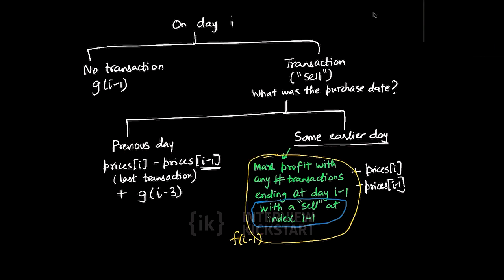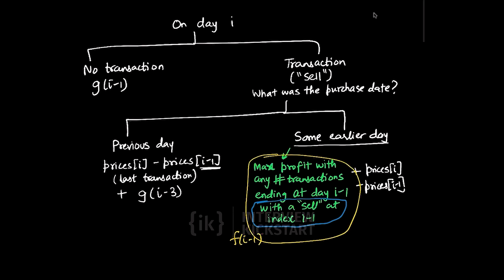So actually, I got confused because we have a statement here, max profit with any transaction at index I minus 1, and we are adding delta at index I, taking the previous purchase.